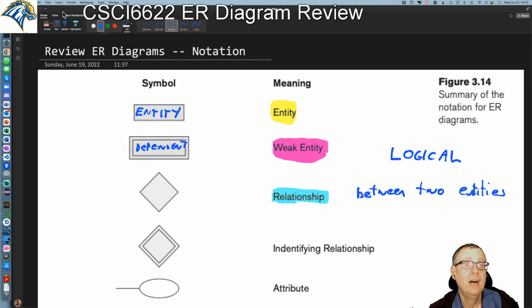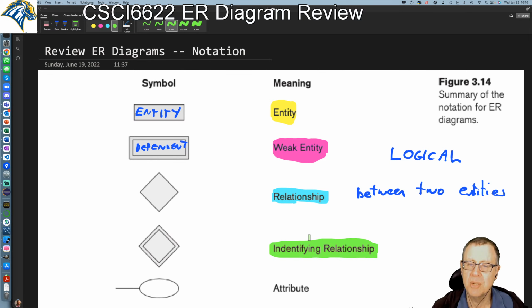Okay. The next on the list is related back to the weak entity, and we could call it a weak relationship, but in fact it is an identifying relationship. Remember, the weak entity has no existence outside of some other entity in the diagram.